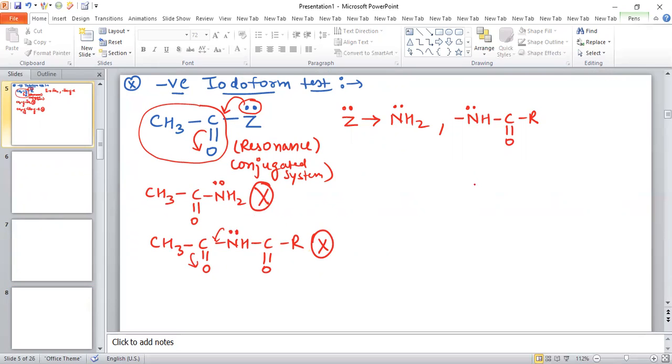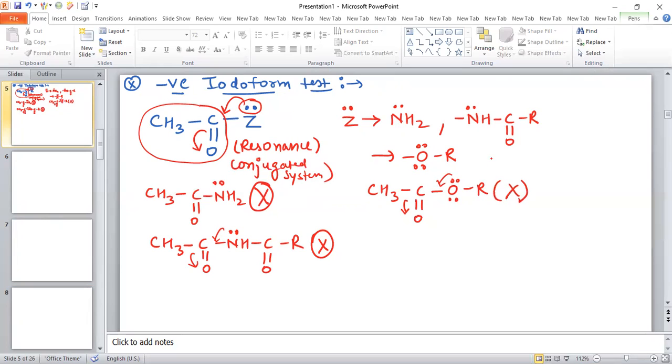And also if this Z is an OR group, then you can say this is like CH3 C double bond O, and this Z is an OR group. Now again this lone pair is a part of resonance, so this will also give a negative iodoform test.